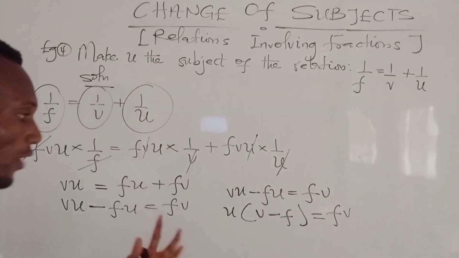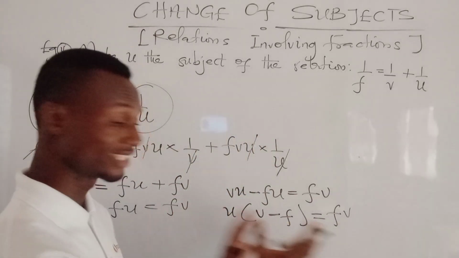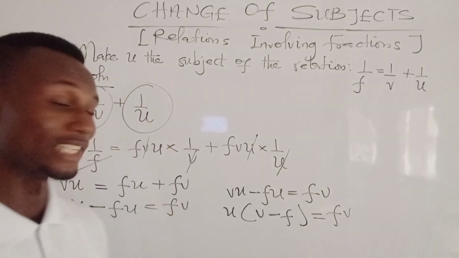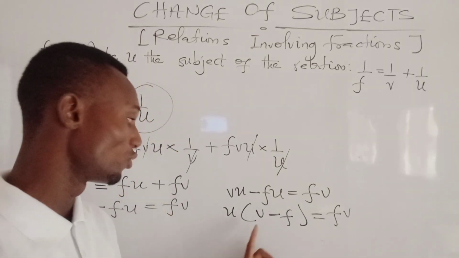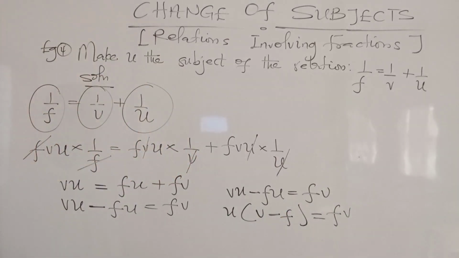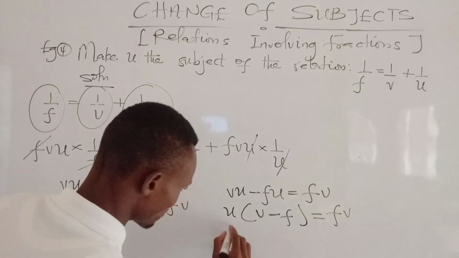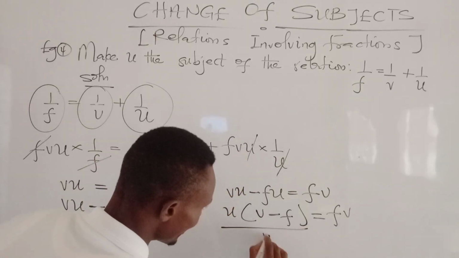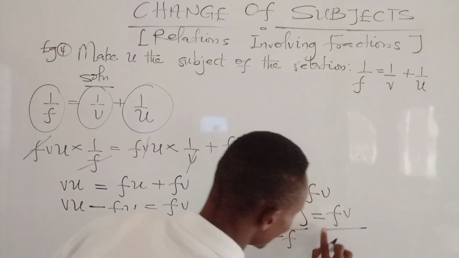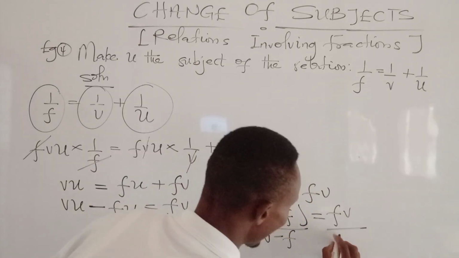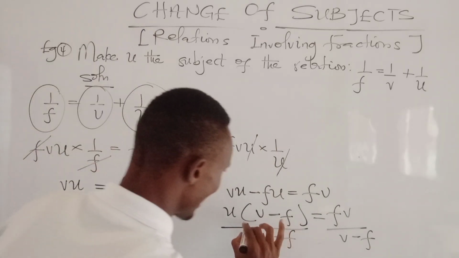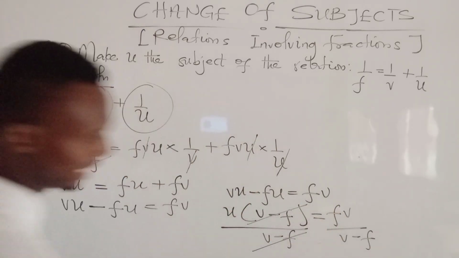The only way to get your U to stand alone is to now divide through by the coefficient of the U, and the coefficient of the U is V minus F. So we are going to divide both sides of the equation by V minus F. I'll divide here by V minus F, then I'll divide here also by V minus F, so that this V minus F will cancel this V minus F away.